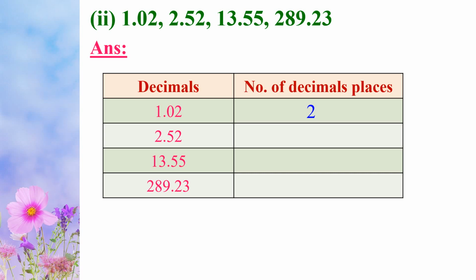Next, the decimal 2.52 also has 2 digits. 13.55 has 2 digits. 289.23 also has 2 digits in the decimal part.